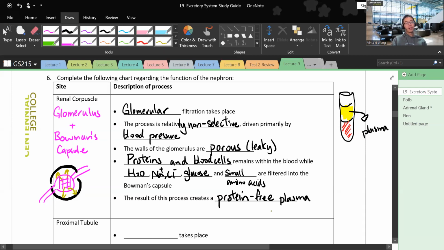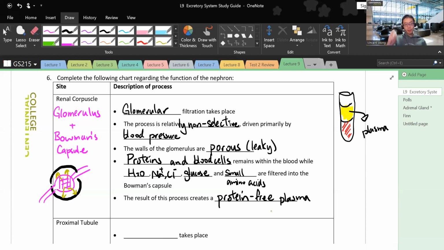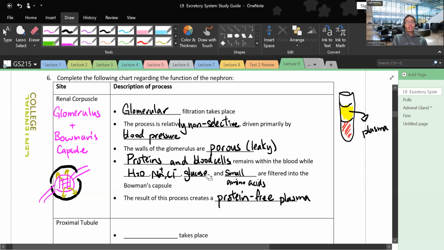All right. Now it's very important to understand, when we say water and sodium and chloride come out of the glomerulus, we do not mean all the water, right? Imagine if the blood goes in the afferent arteriole and all the water comes out, right?